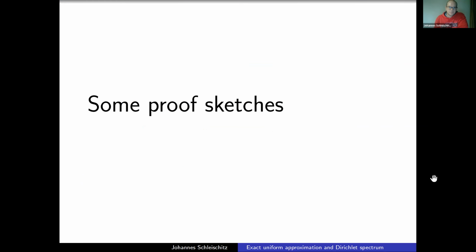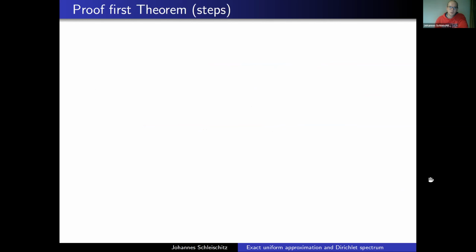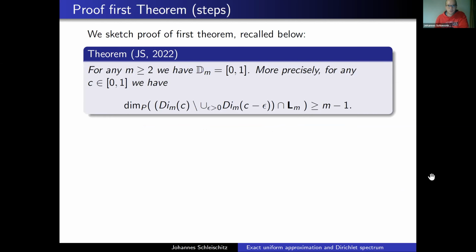So I come to the last part where I give some proof ideas. I recall what I stated first: this packing dimension result for numbers that have exact Dirichlet exponent C and are also Liouville. So first, I give just a rough idea.